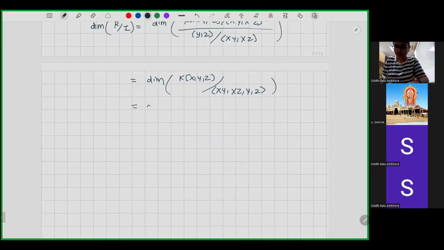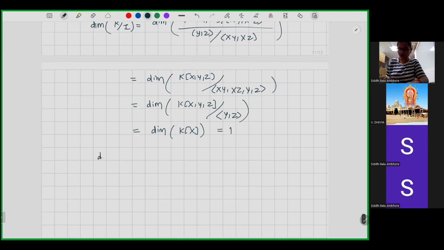This is actually the dimension of K[X], since Y and Z are killed, which is 1. So the dimension of R mod I is actually 1.